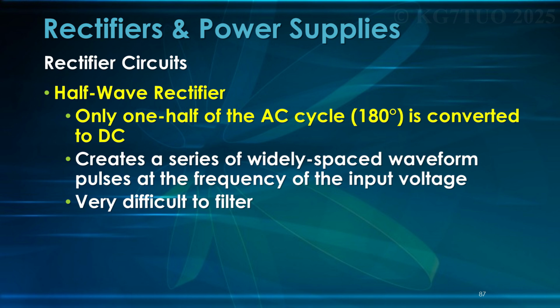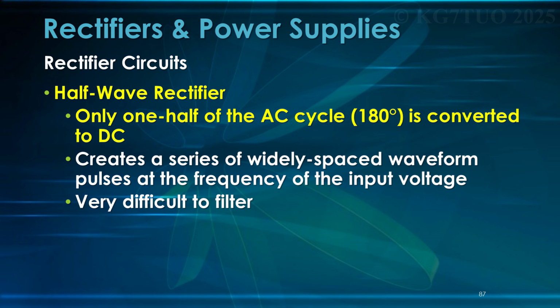What does that mean in plain English? You're talking about rectifier circuits. We saw antennas that radiated in degrees, but now we're talking about AC flowing through to DC. We're taking AC current from the wall and making DC out of it.